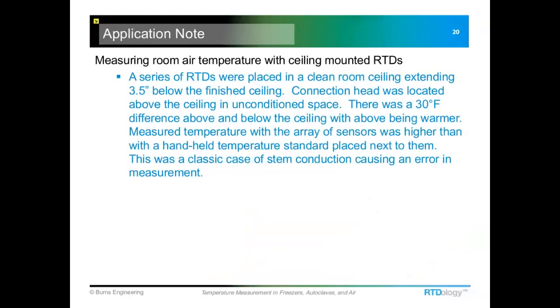And another application here where a customer had installed some 1/4-inch diameter sensors in a ceiling, and they extended down about 3.5 inches into the room. The connection head was above the ceiling in quite a warm space, much warmer than the room, and they were seeing a pretty significant temperature error.